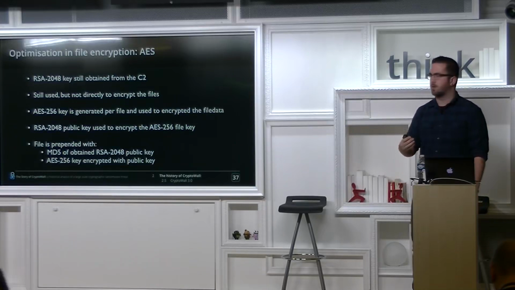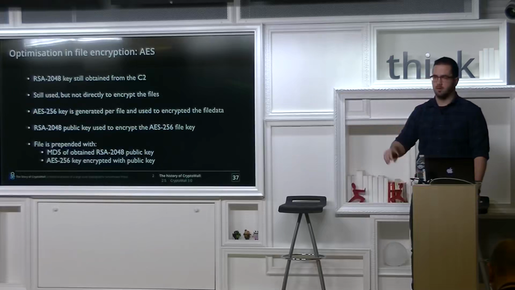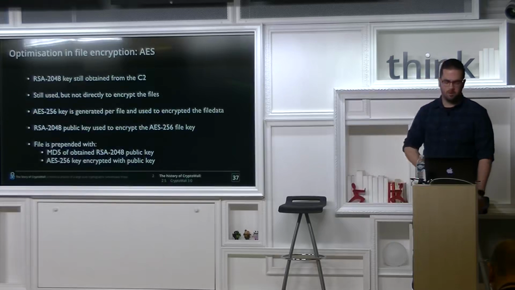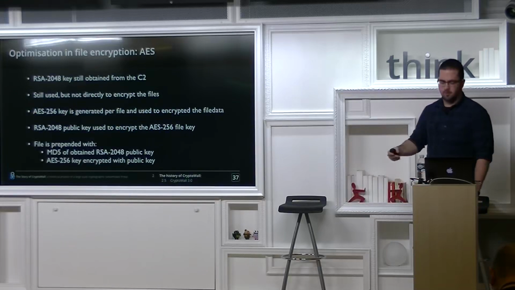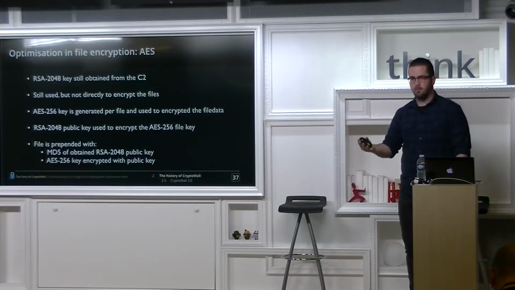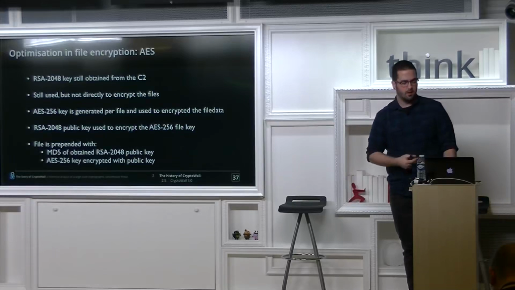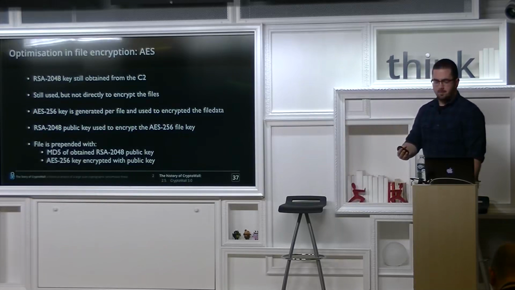If some guy was connected to a file share, this was way faster. You didn't have to hear his machine buzzing because it was encrypting all the files. They also slightly had to change the file format, of course. So every file was prepended with an MD5 of the public key, so it could confirm if it had the right key. Then the encrypted AES key, and then the encrypted file data.